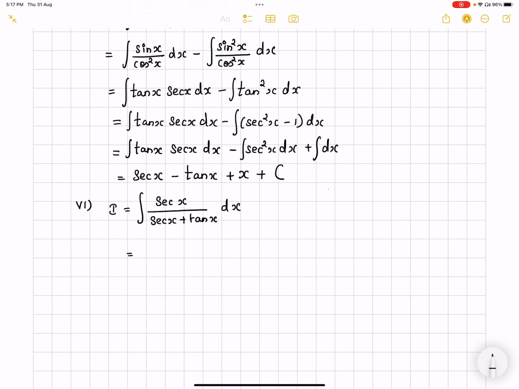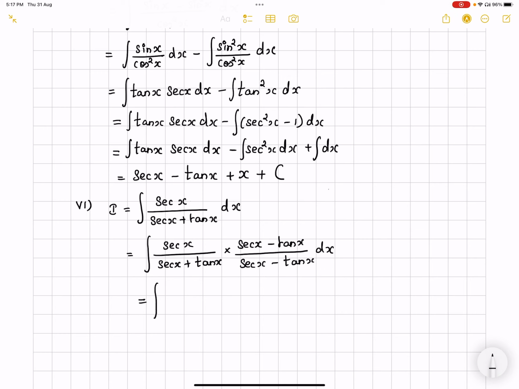So here, what I would be doing is secant x divided by secant x plus tan x, into secant x minus tan x divided by secant x minus tan x dx.